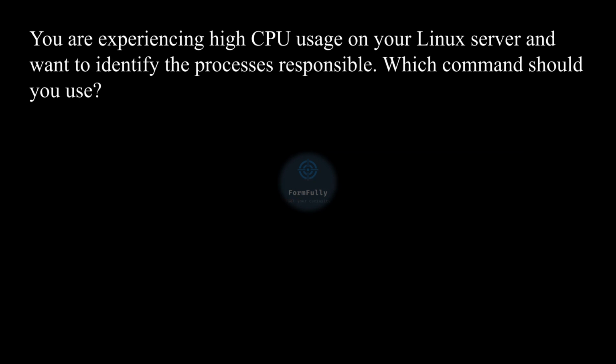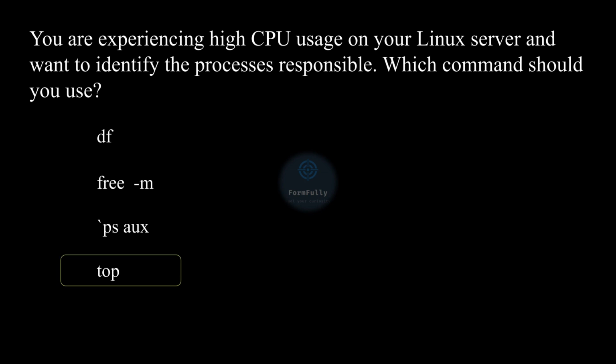Question. You are experiencing high CPU usage on your Linux server and want to identify the processes responsible. Which command should you use? Options are df, free -m, ps aux, top. The correct option is top.